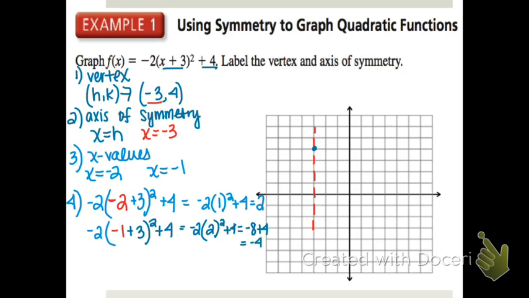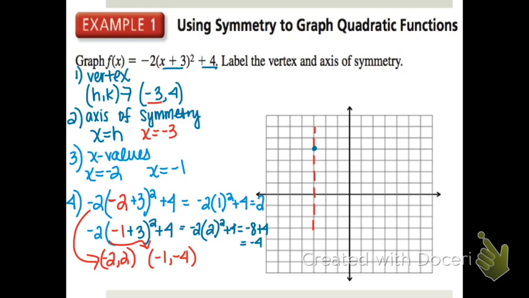So my 2 points from here are -2, 2 and -1, -4. That's from that second one.